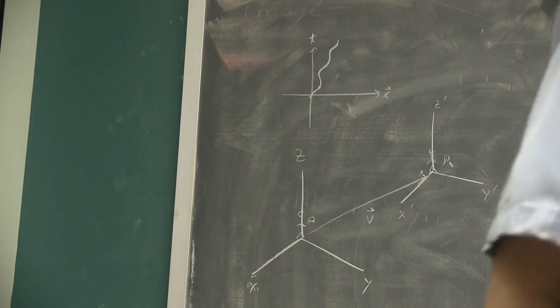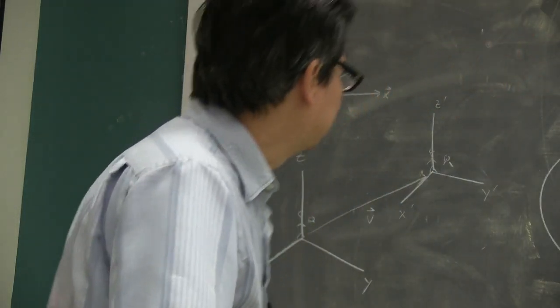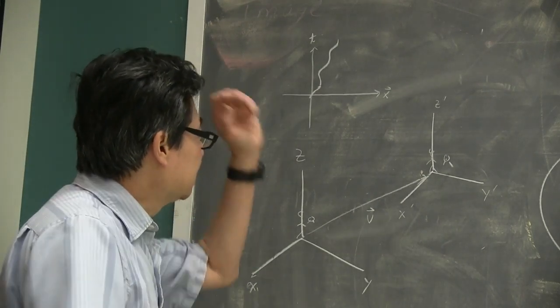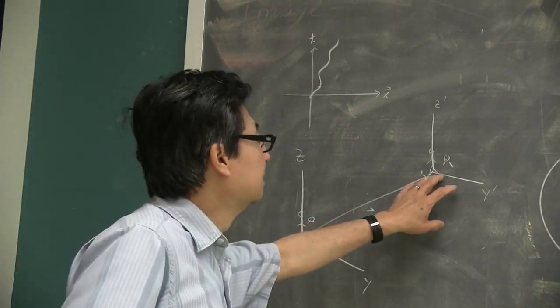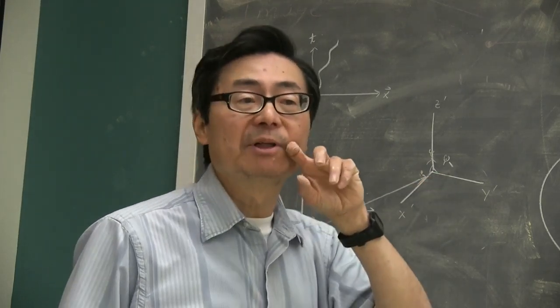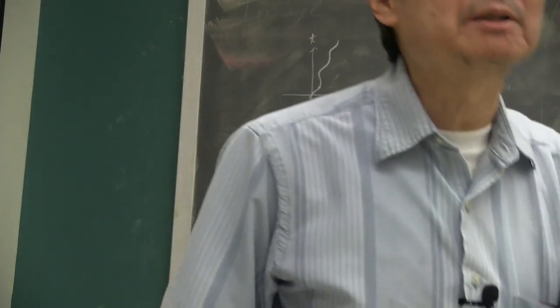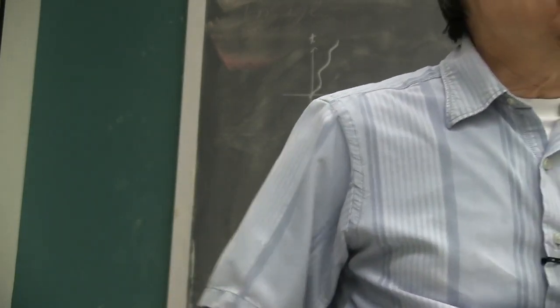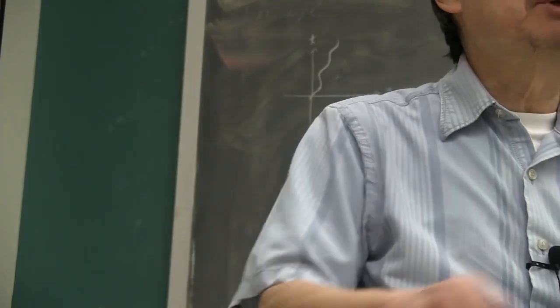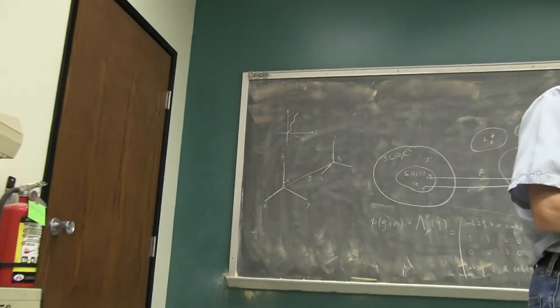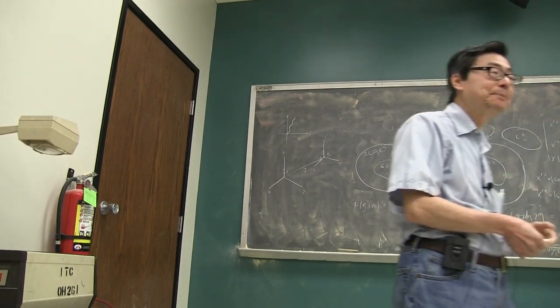So if they're synchronized at one place and at one time, they will no longer be synchronized if one of them is moving with a uniform velocity relative to the other one. This is relativistic physics, okay? And the laws of relativistic physics tell you how those times and space components are related to each other, and they are related through the Lorentz transformations, okay?